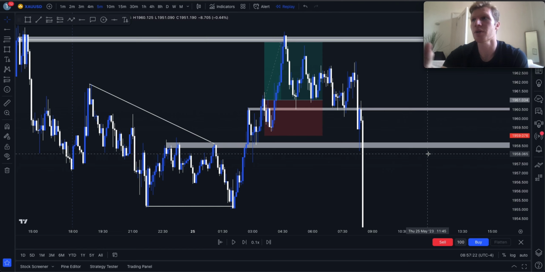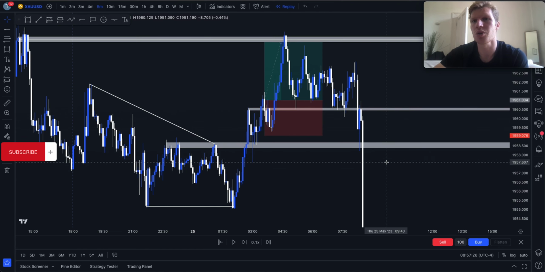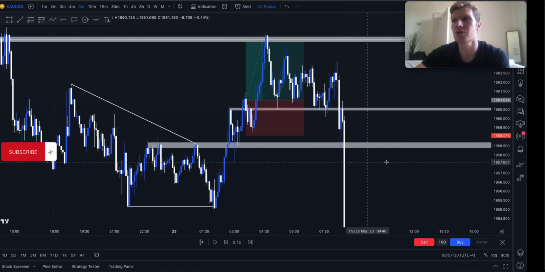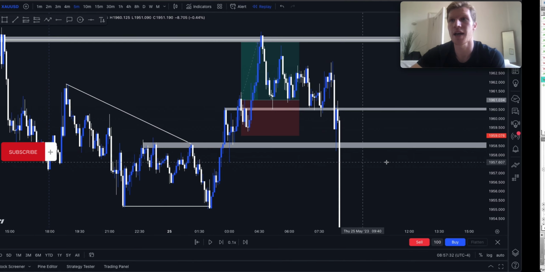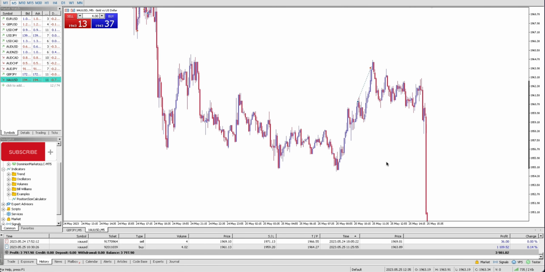So I'm just going to change screen quickly to finish out this video, and I'm going to show you the MT5 platform just to show you the trade, how it was taken live. So you can see we're over here on the MT5 platform, and this is the exact trade. Entry in on the arrow.